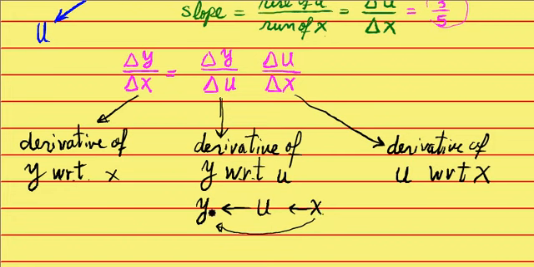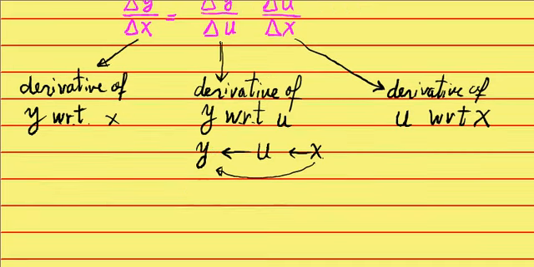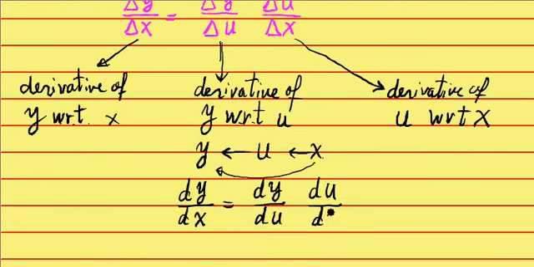We are simply saying that you can create it out of 2 rounds of rates of changes. You have to simply multiply them because of simple fraction property. Really nothing else is involved here. So if you want to write derivative of y with respect to x, write it as derivative of y with respect to u times derivative of u with respect to x.